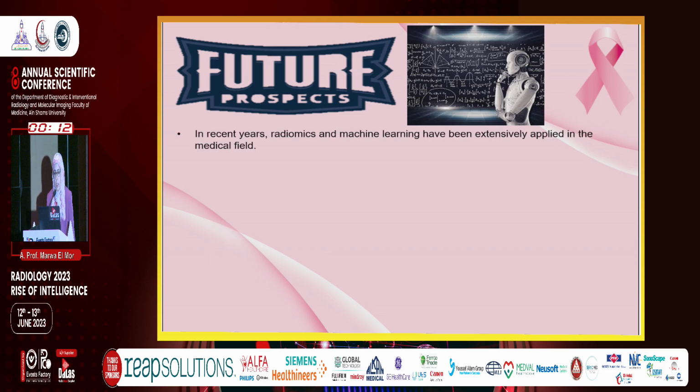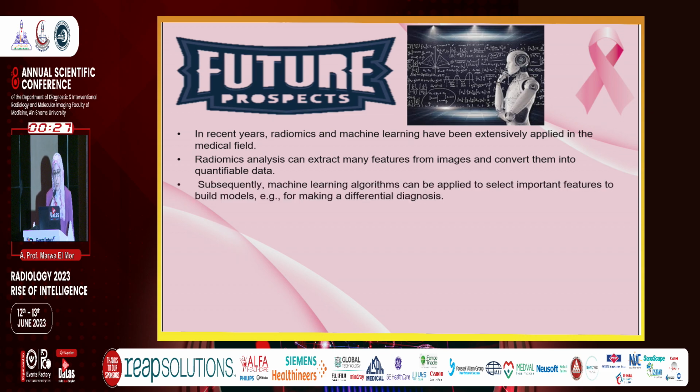In recent years, radiomics and machine learning have been extensively applied in the medical field. Radiomic analysis can extract many features from images and convert them into quantitative data. Subsequently, machine learning algorithms can be applied to select important features to build models.